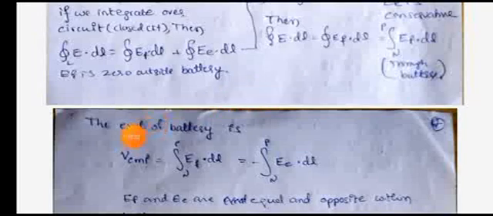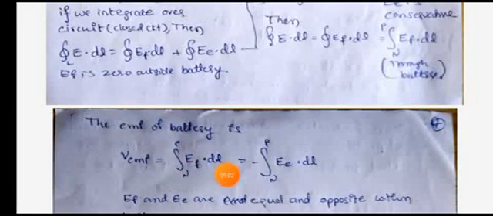So the EMF of the battery is the integral from N to P of EF dot dl, which is equal to minus the integral from N to P of EE dot dl.